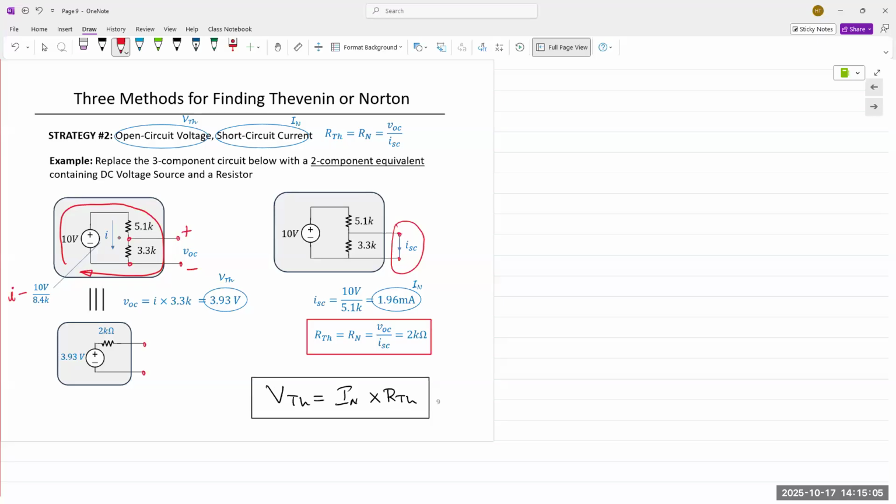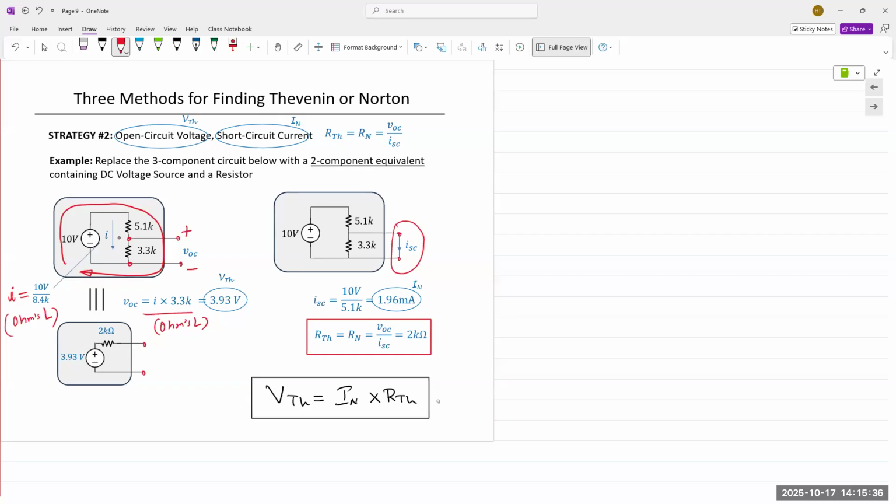and calculate the current I. Okay, we apply Ohm's law, calculate the current I. Series connection, REQ is 5.1 plus 3.3 gives us 8.4 kilo ohms, and 10 volts divided by 8.4 gives us the current I. Once we have the value for current I, we can apply Ohm's law again to find the voltage across that resistance.